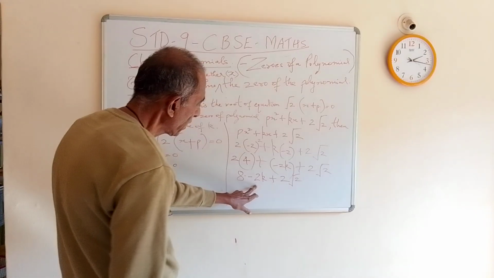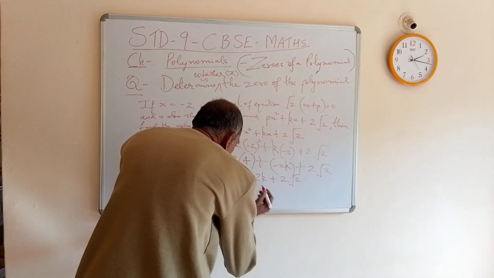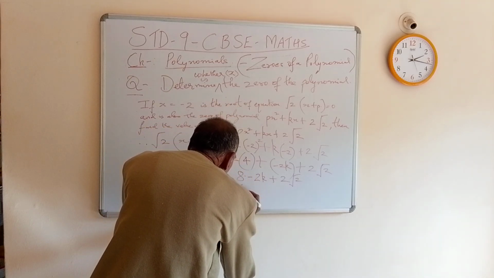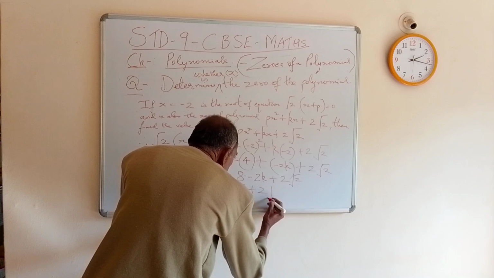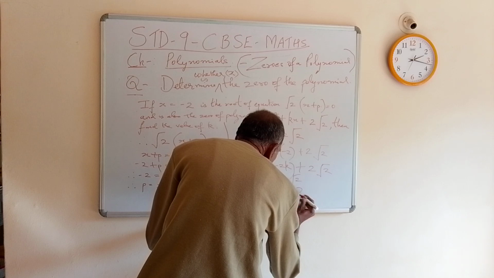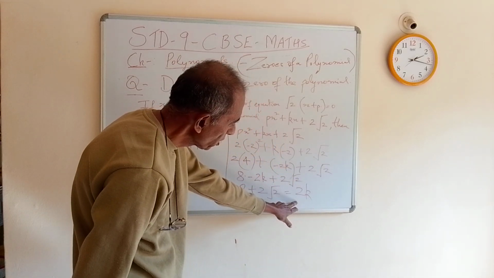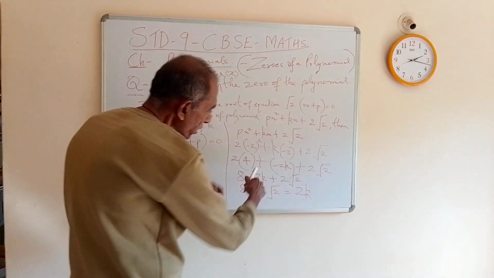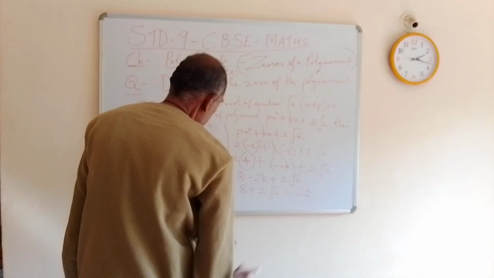So here now we will take first this minus 2k to the other side. So what will remain here is 8 plus 2 root 2 is equal to 2k. We are taking this minus 2k to the other side of the equation, so it becomes plus 2k. We have to find the value of k.